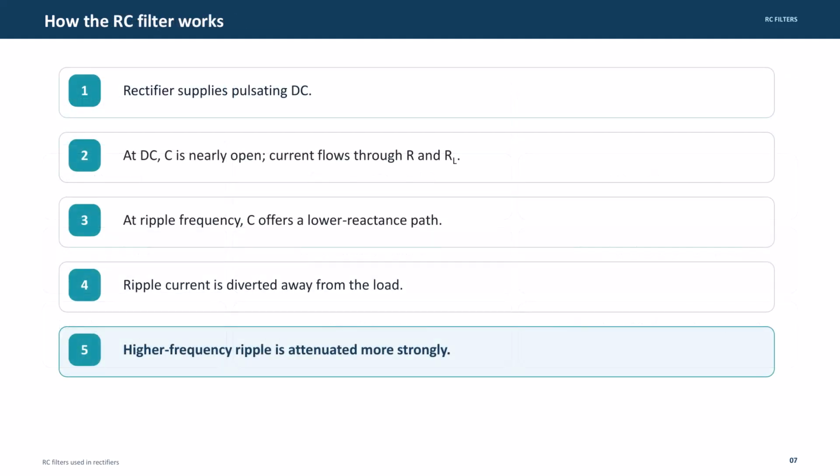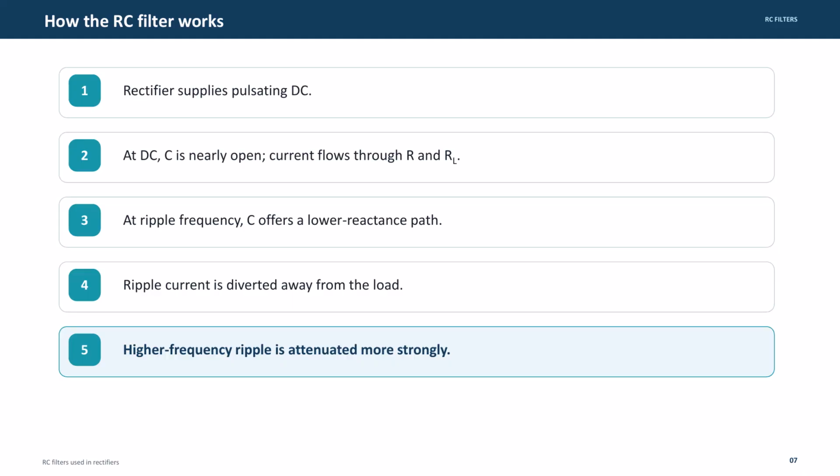Follow the sequence from input to output. The rectifier first supplies pulsating DC. For the average or DC component, the capacitor behaves approximately as an open circuit, so load current flows through the resistor and load. For the alternating ripple component, the capacitor reactance becomes smaller.